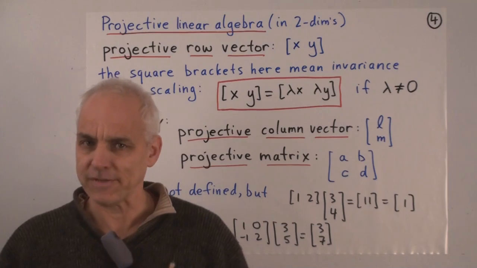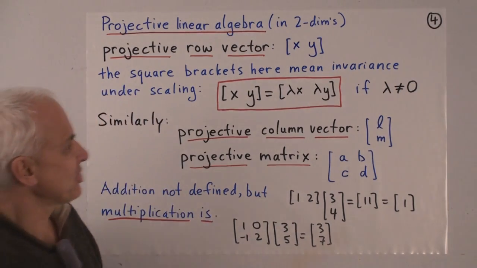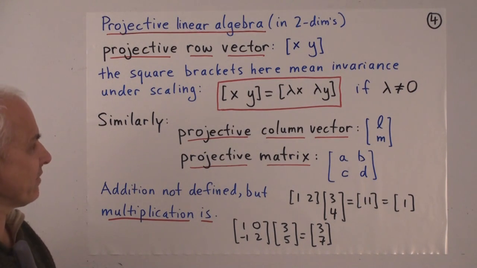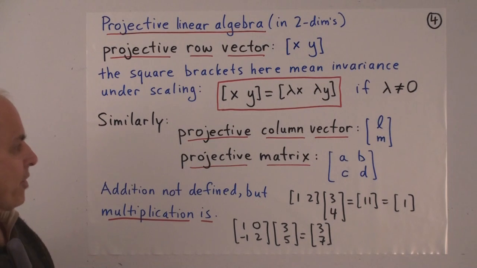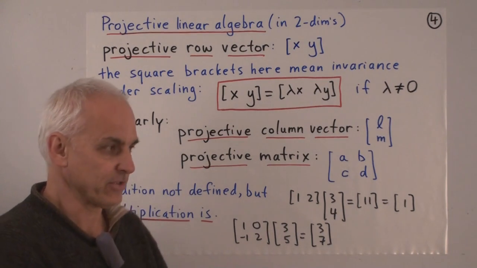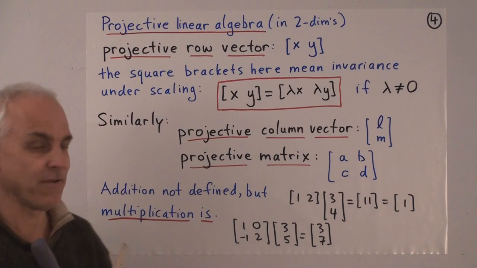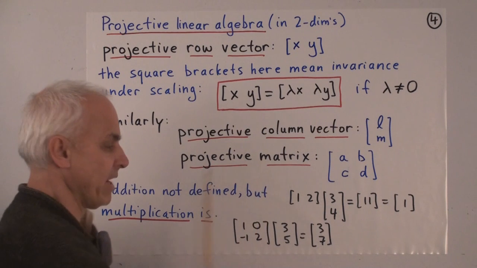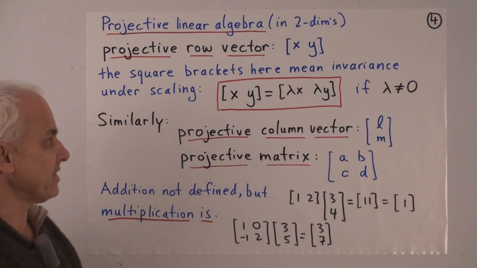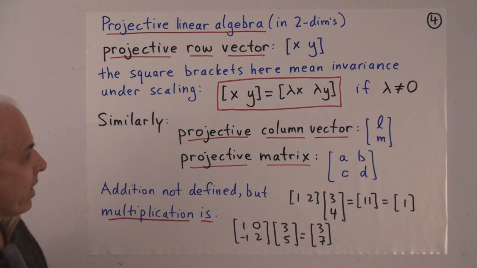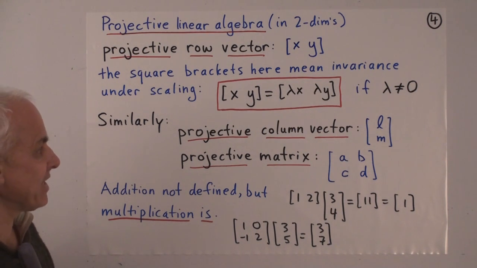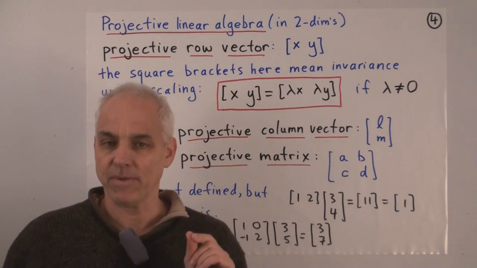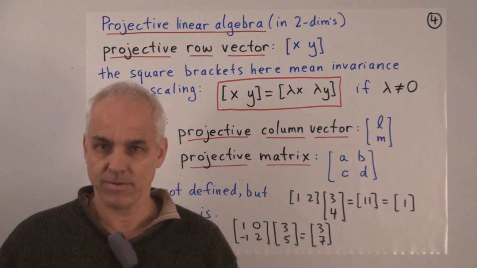So what is projective linear algebra? Well, let's just stick with the two-dimensional case. So here is two-dimensional projective linear algebra. There are also row vectors and column vectors and matrices, but they're a little bit different. They are projective row vectors, projective column vectors, projective matrices. What do these things mean? Well, the projective adjective is telling us that the quantity is unchanged if we multiply all the elements by a non-zero number.